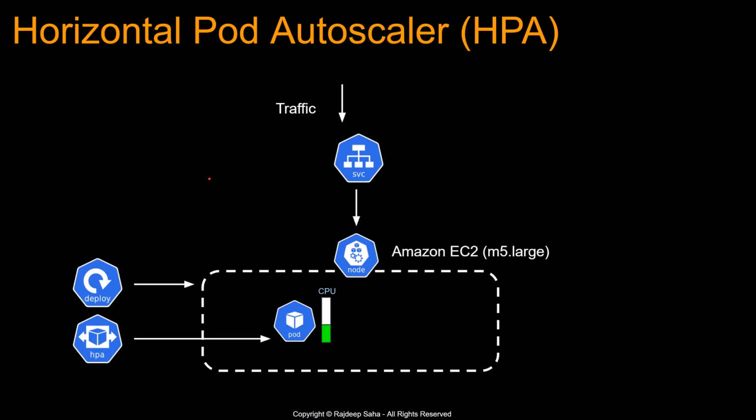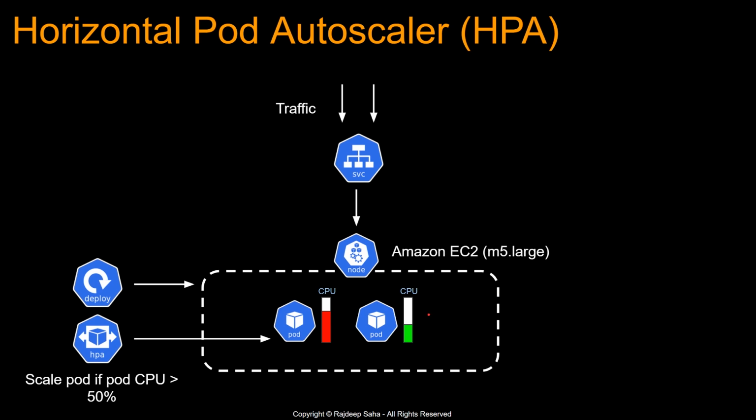And similarly to the EC2 autoscaling group, you can put a scaling policy like, hey, scale pods if pod CPU is greater than 50%. So let's say some more traffic comes in, and the pod CPU becomes, let's say, 60%. So what this HPA is going to do is create another pod.